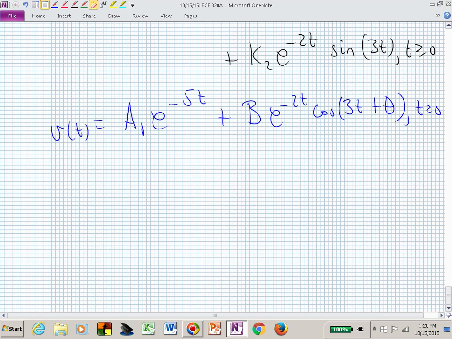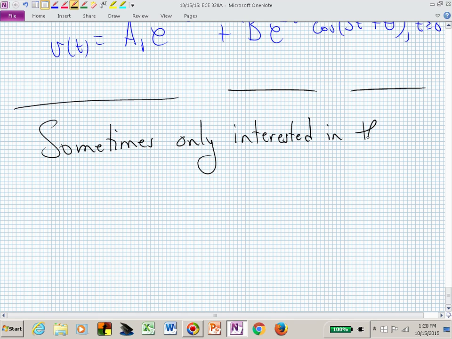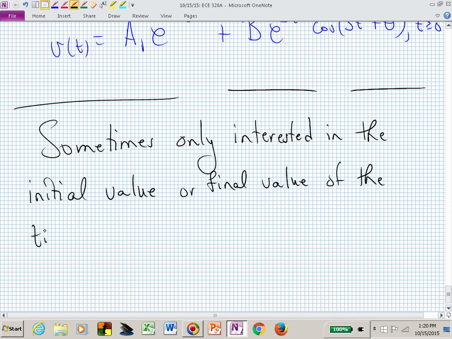Let's now talk about these theorems. The reason we're interested in this is sometimes we're only interested in the initial value, let's say the initial voltage or the initial current, or the final value of the time function.